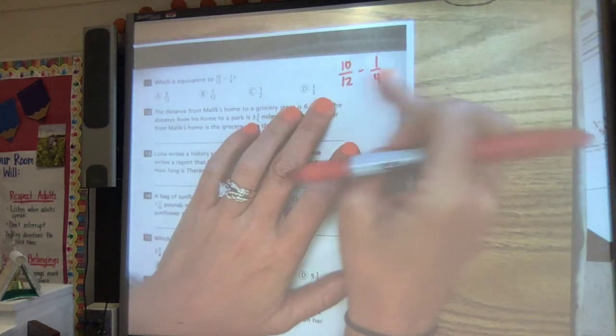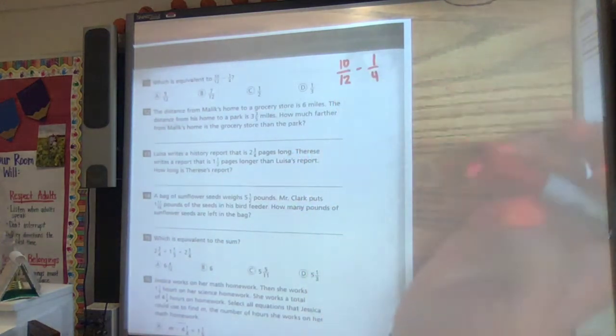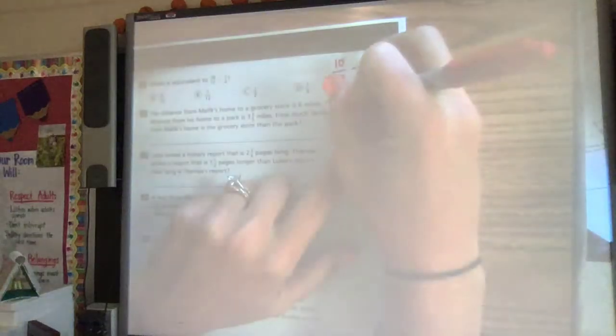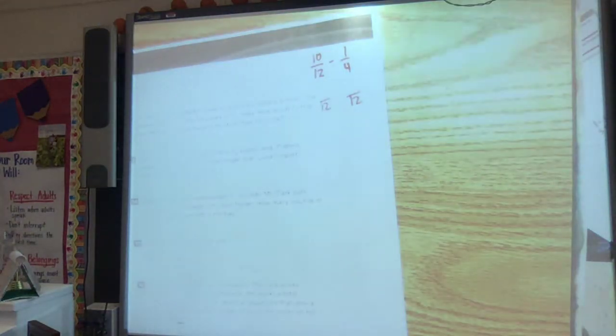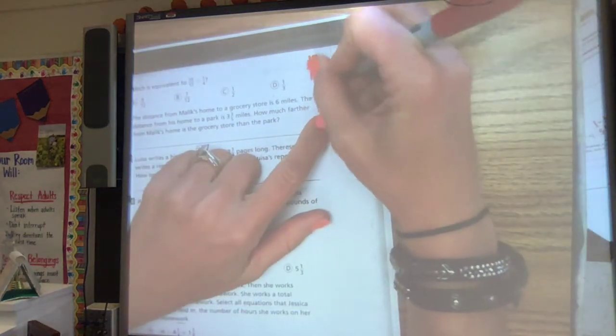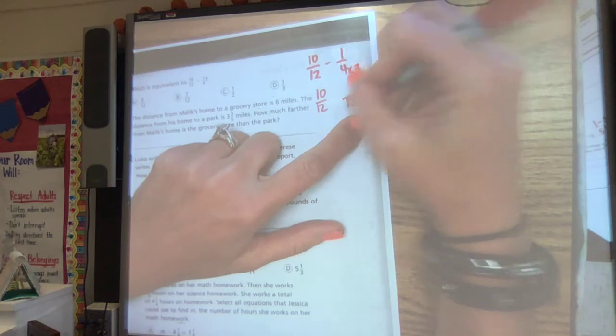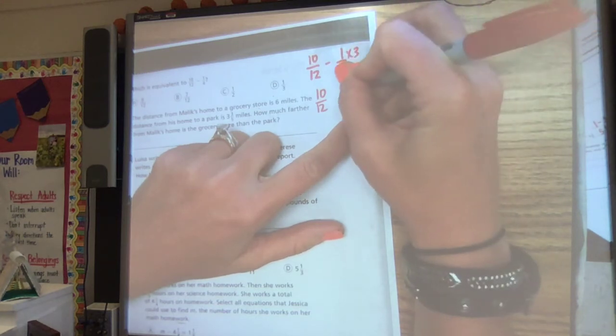Again, I don't have my common denominators. I've got to figure out one. I like to look at the larger number. So 12 could work. Because when I'm counting by fours, I say 12. I will keep my 10 twelfths the same. I didn't change that denominator. 4 times 3 gives me 12. 1 times 3 is 3.